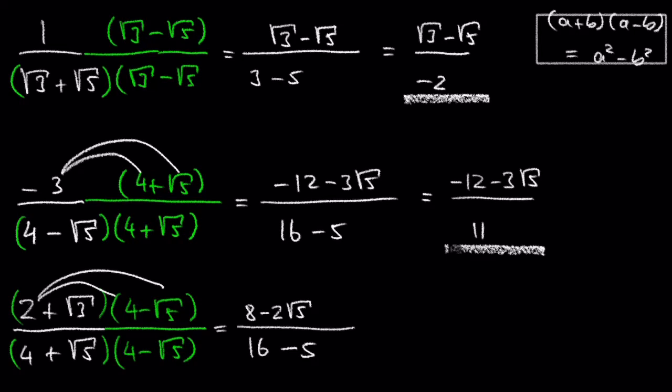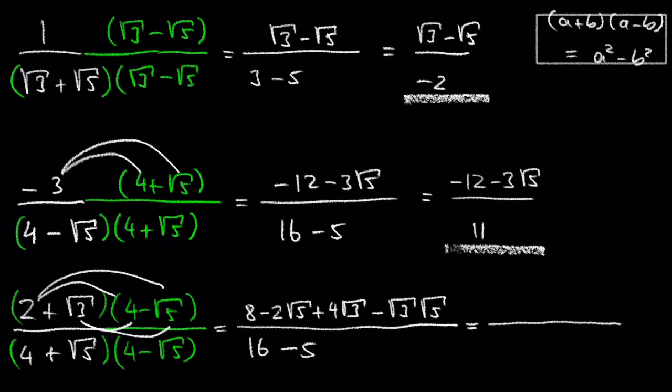Then we have the square root of 3 times 4, and minus the square root of 3 times the square root of 5. 16 minus 5 is 11. And in the numerator we get 8 minus 2 times the square root of 5 plus 4 times the square root of 3 minus the square root of 15.